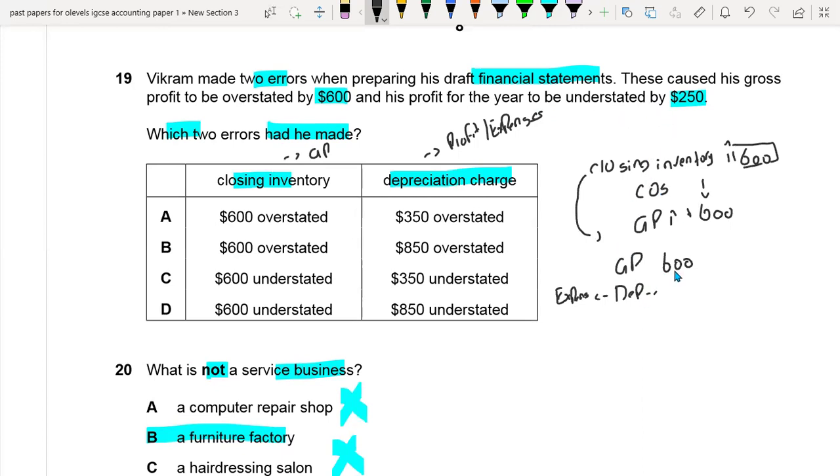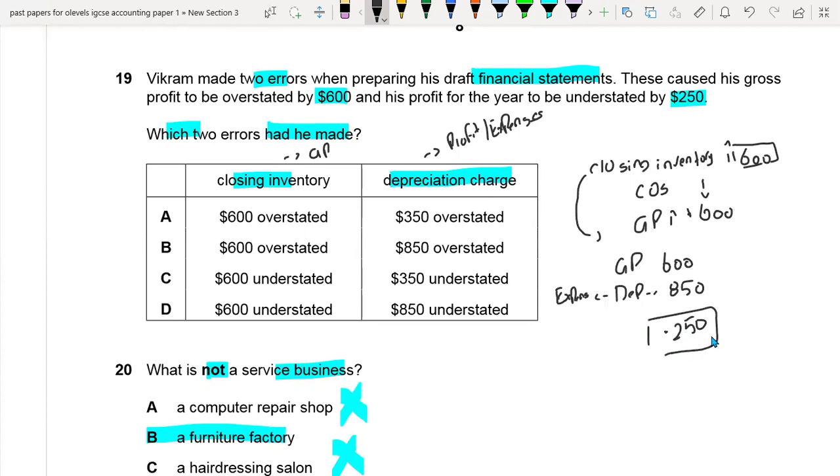If you see that 600 overstated GP amount, and your profit is understated by $250, somewhere your depreciation was overstated by $850. So 600 minus 850 will give you minus 250.